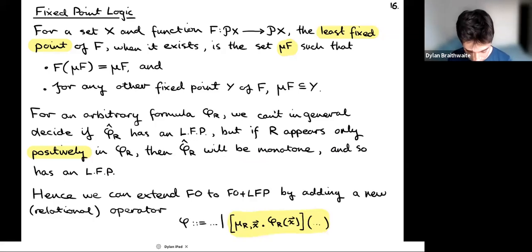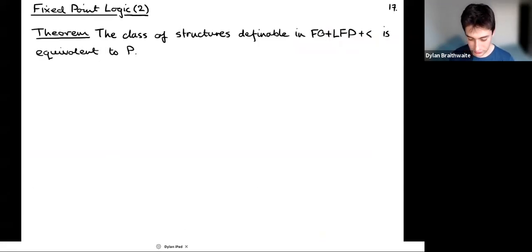So we can add a new syntactic thing to the language for computing fixed points, and that gives us what we call first order plus least fixed point. The associated theorem is that, again with the linear order, this is the complexity class P, the class of sets decidable by a Turing machine in a polynomial amount of time.